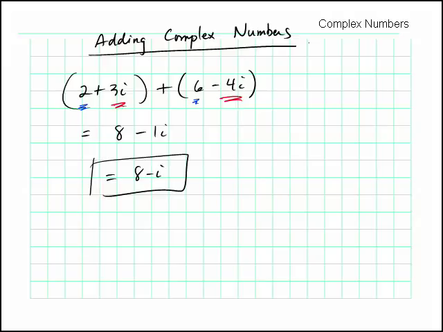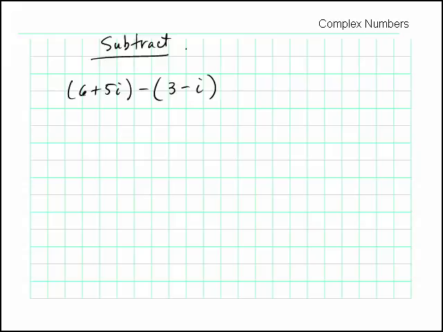Subtracting is basically the same. Let's say we have the complex number 6 plus 5i, and we want to subtract 3 minus i. We just have to remember to distribute the negative sign.